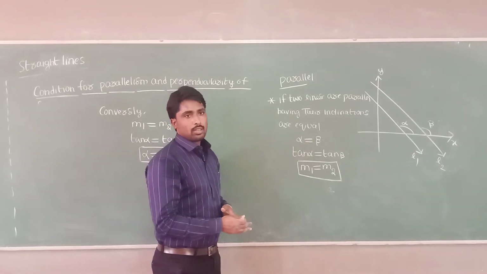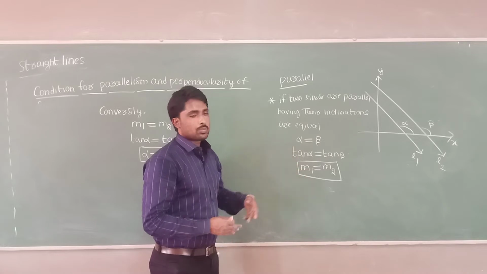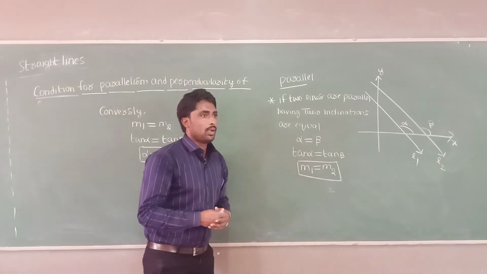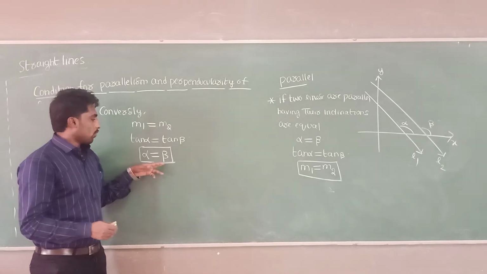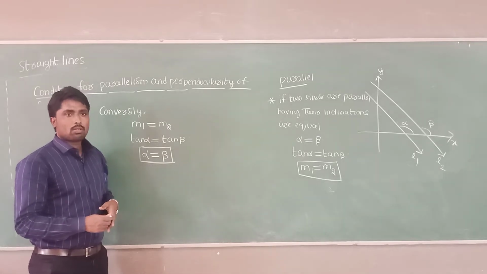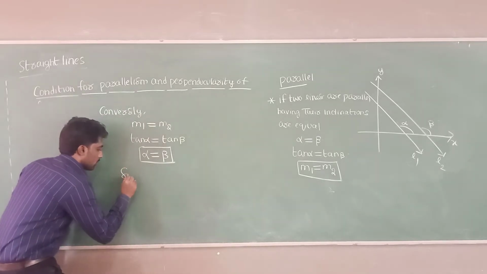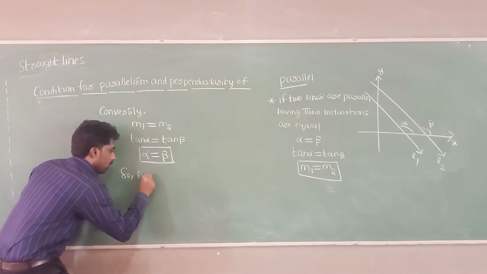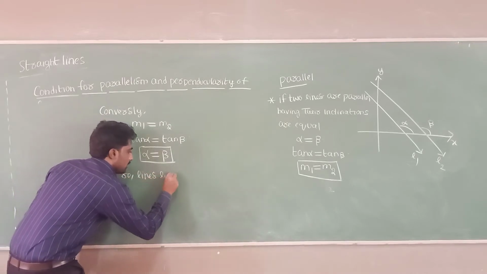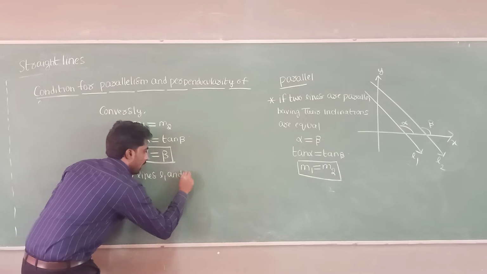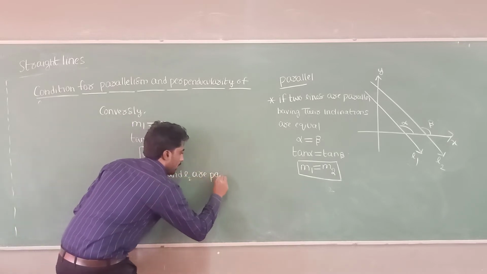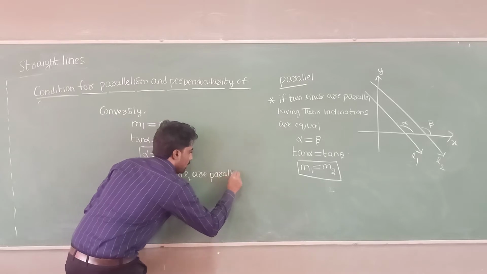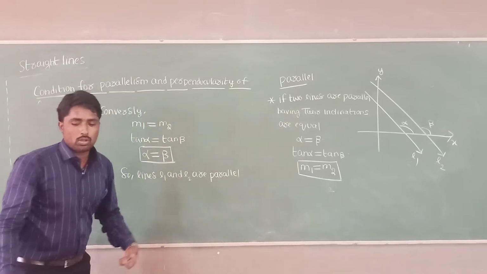If inclinations are equal, finally I proved slopes are equal. So the converse statement is, if slopes of two lines are equal, we are proving inclinations also equal. So lines L1 and L2 are parallel. Okay, is it clear, everyone? So all of you note on this.